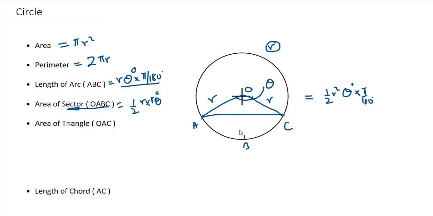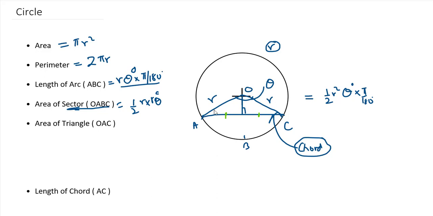So this portion AC is called the chord. Now if I drop a perpendicular from the center of the circle to the chord, then it will bisect the chord. That means the length of this portion will be equal to the length of this portion.